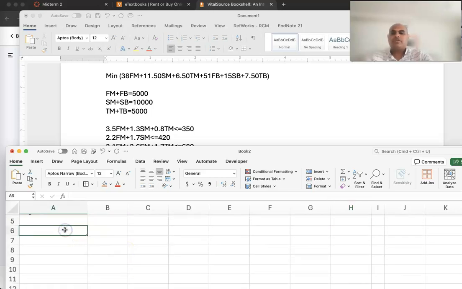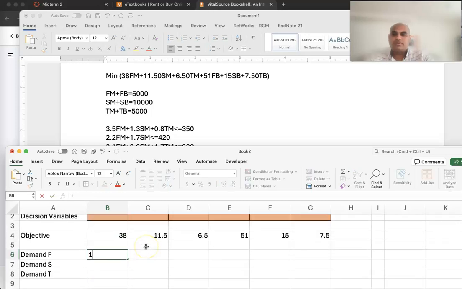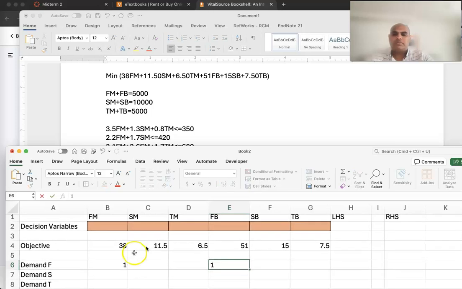Let's write the constraints. We've got three demand constraints: demand for frames, demand for supports, and demand for straps. Demand for frames: the number of frames made plus the number of frames bought has to be equal to 5,000.